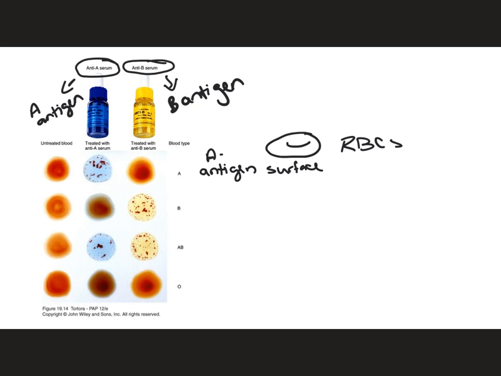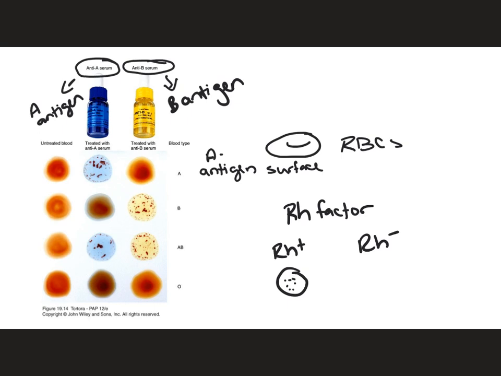Okay, Rh factor is not shown here, but Rh factor would be very similar to this if you were to do the same thing. So if they were Rh positive, or Rh negative, sorry about that. If they were Rh positive, you would see agglutination.